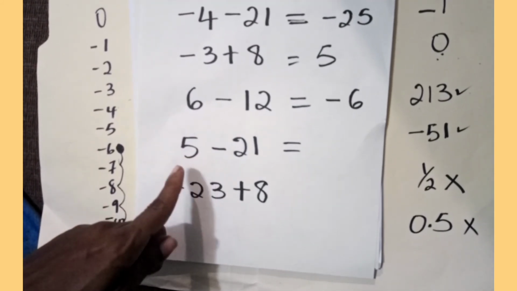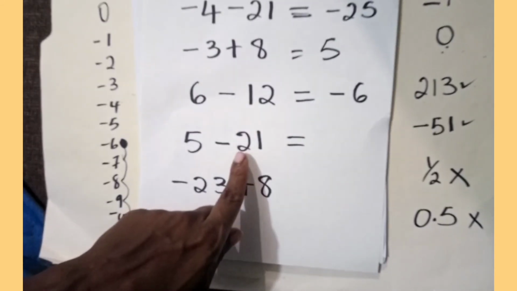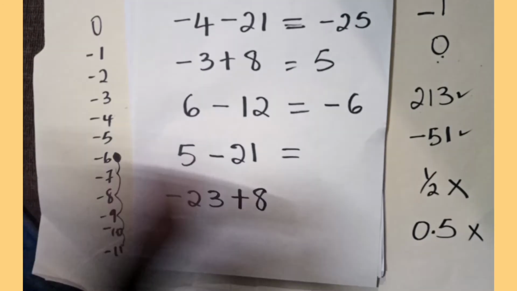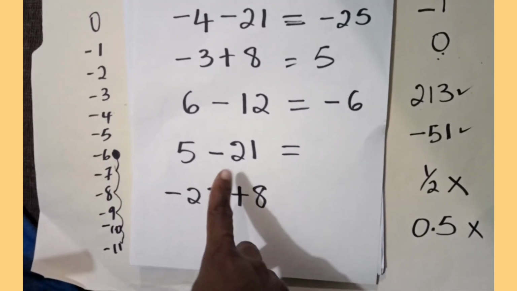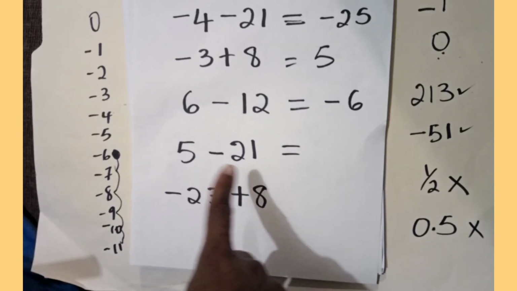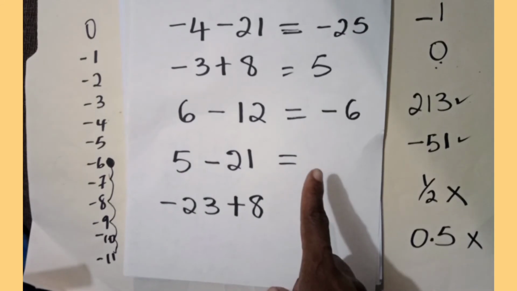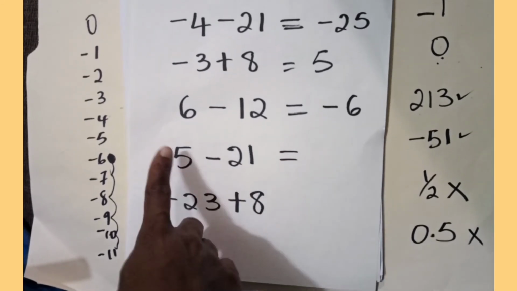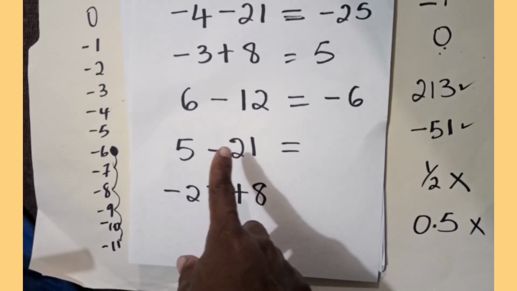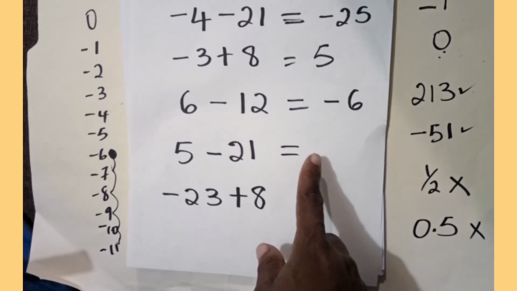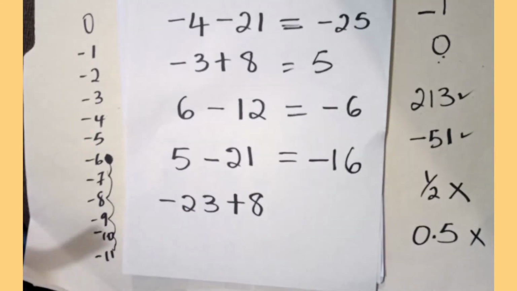This is a positive integer. And this is a negative integer, negative 21. So your result is going to be negative. Alright? You're subtracting a bigger number from a smaller number. So your result will be negative. You have 5. You owe 21. That means you are going to owe 16.